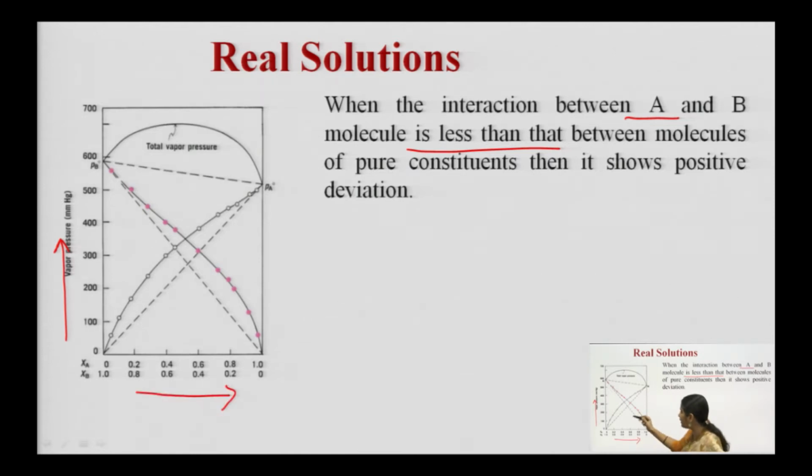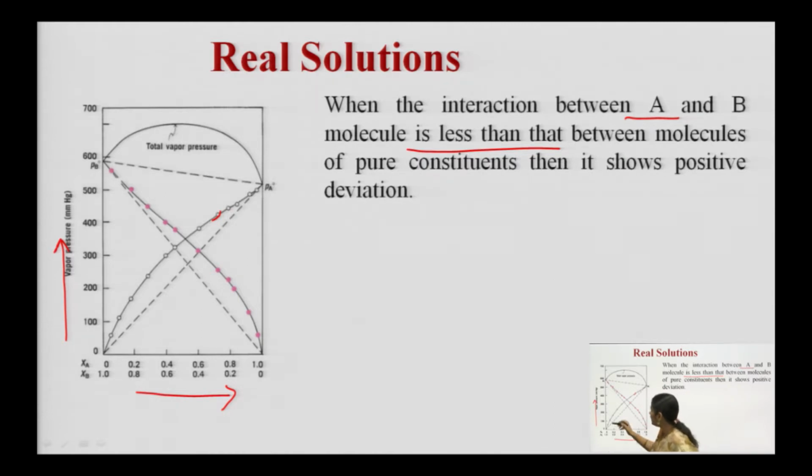The dotted lines represent the curve which would have been obtained if the system had followed Raoult's law, and the solid lines represent the increase in vapor pressure of component A and of component B when A is added to B.